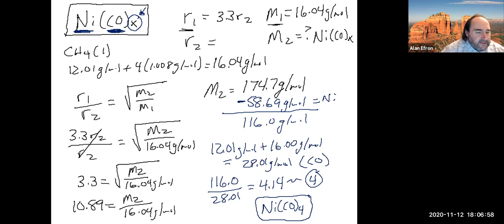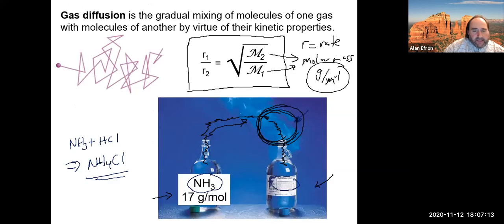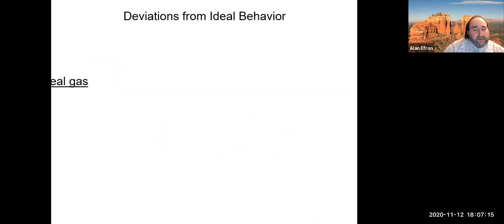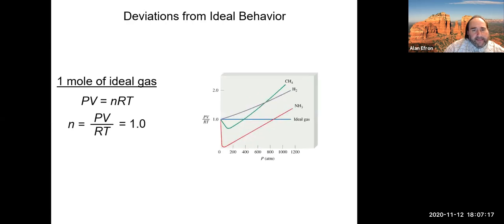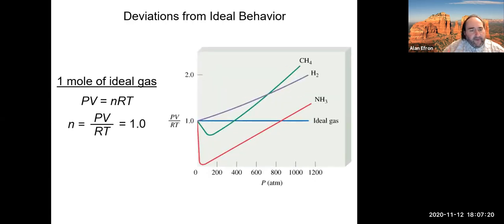Okay, so the last thing we're going to talk about in terms of gases is what's referred to as real gases, not those fake ideal gases we've been talking about. As we talked about, under ideal conditions, from the kinetic molecular theory of gases, we assume that the volume of the gas molecule itself is negligible or zero.